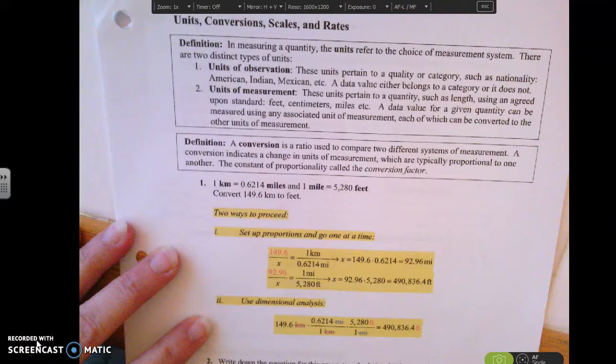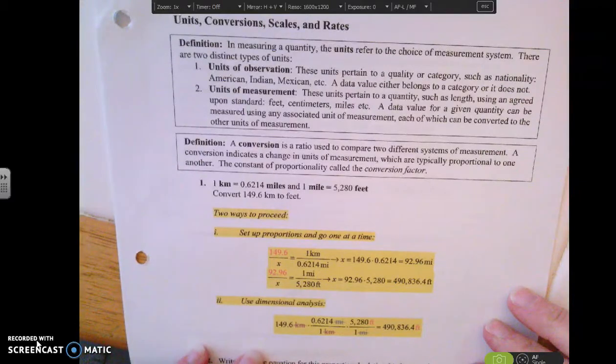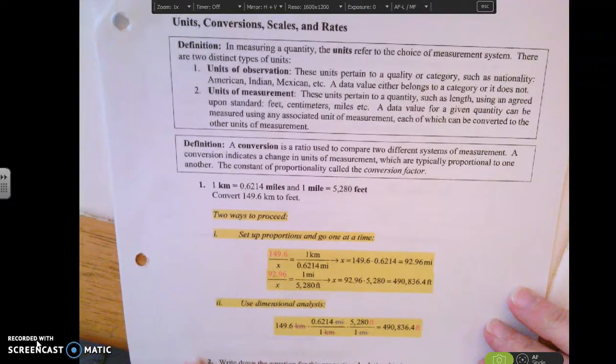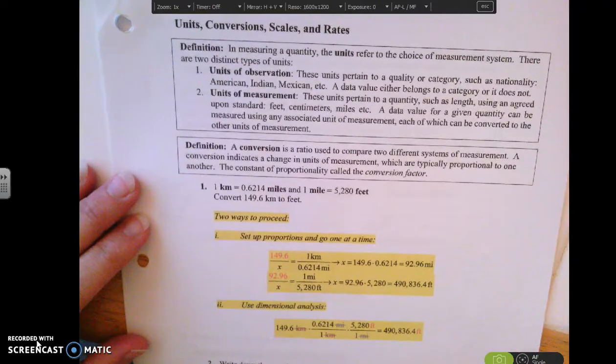Alright, so this section we're talking about the guided notebook, guided worksheets on page 37 through page 40, which is most of chapter 3. Chapter 3 deals a lot with units and conversions and scales and things like that. So definition is just a unit that refers to a choice of measurement like kilograms, pounds, milliliters, different things like that.